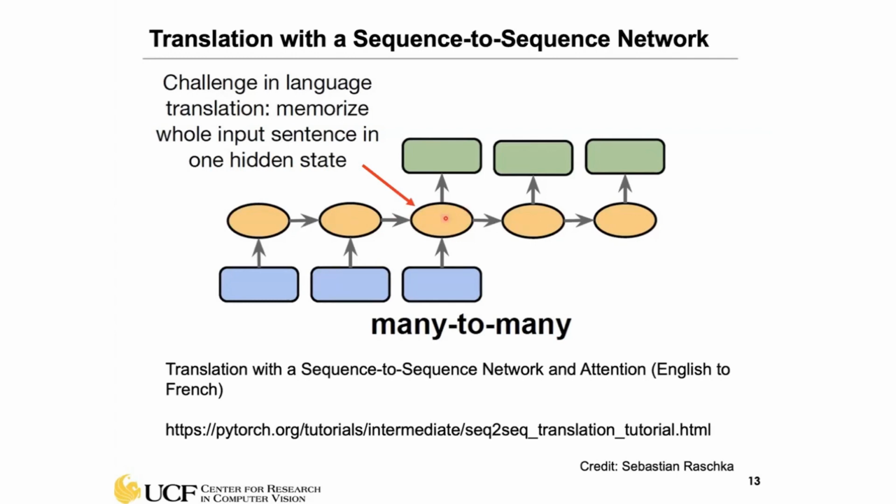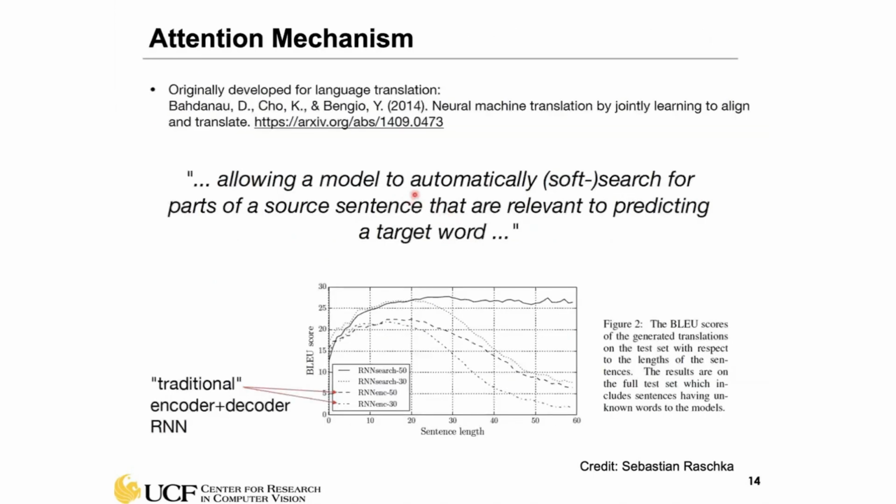This motivated researchers to think about whether there is a better way to pay attention to a specific region, so that some of the correlations can be learned better. That's why the attention mechanism was developed.